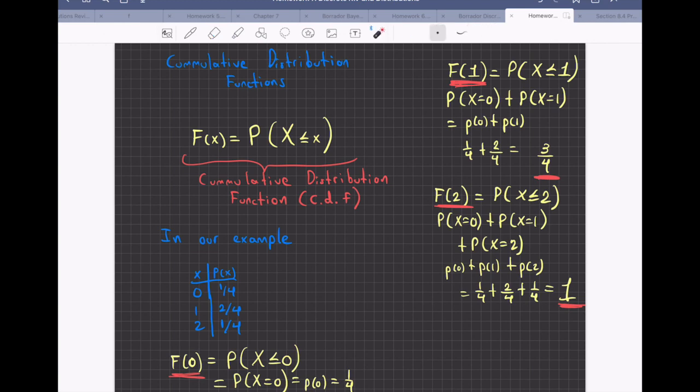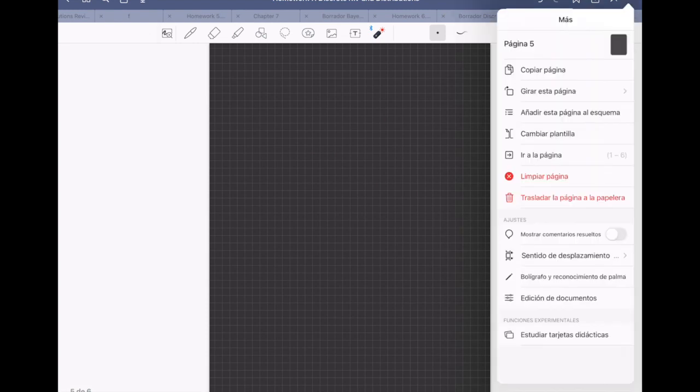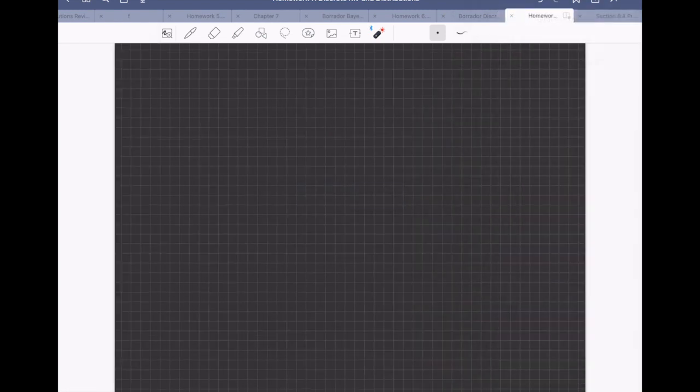If in our example we have only the values for x equal to 0, 1, and 2, how could I define this function over all the real numbers? Well, in the next way. We can define capital F of x equal to 0.